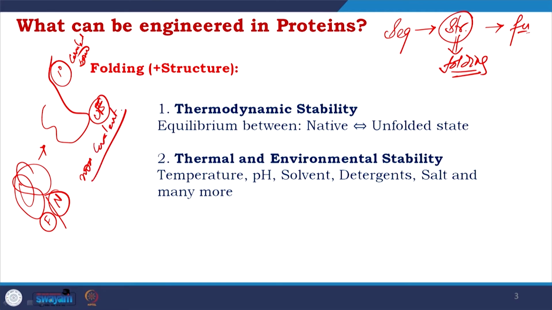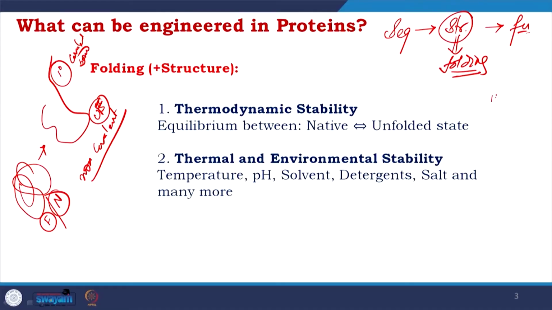Throughout the course we have discussed that non-covalent bonds are not as stable as covalent bonds, and they are many in number, like hydrogen bonds and salt bridges. You could consider hydrogen bond as an example.